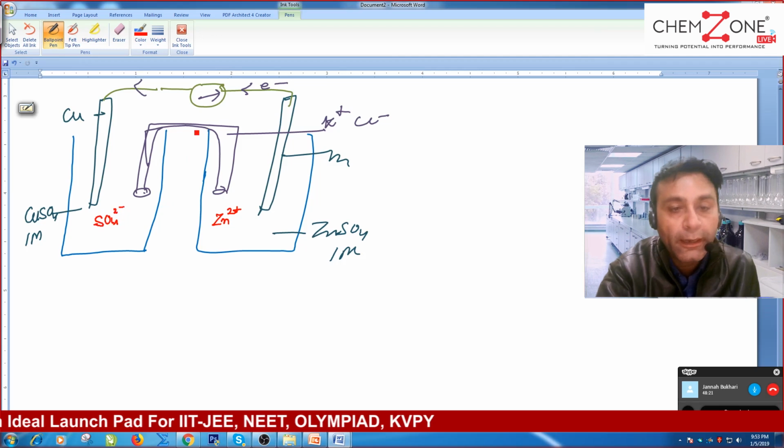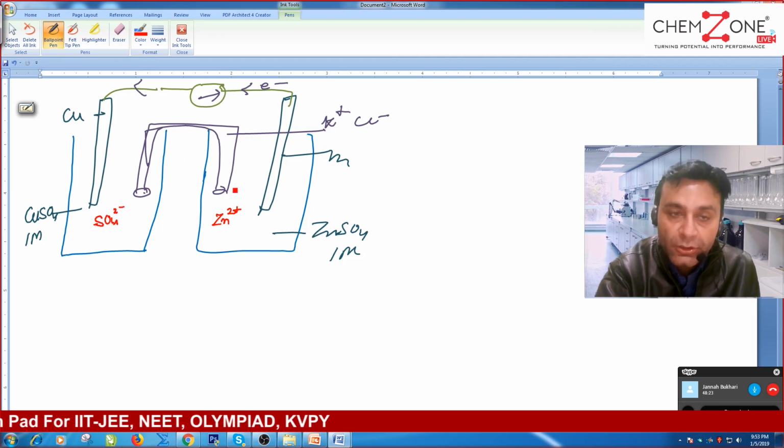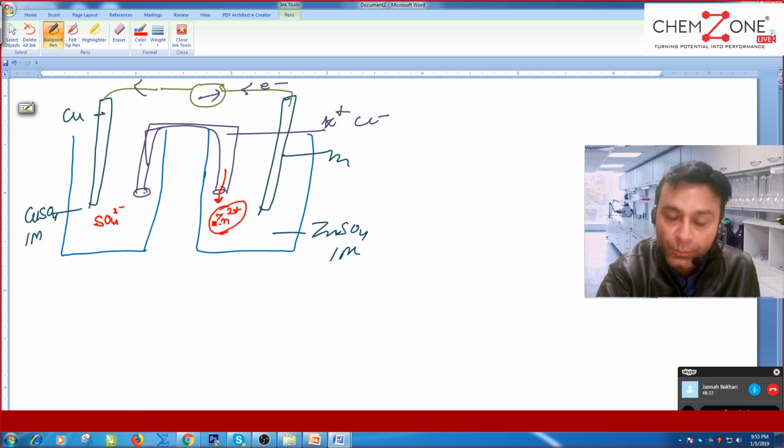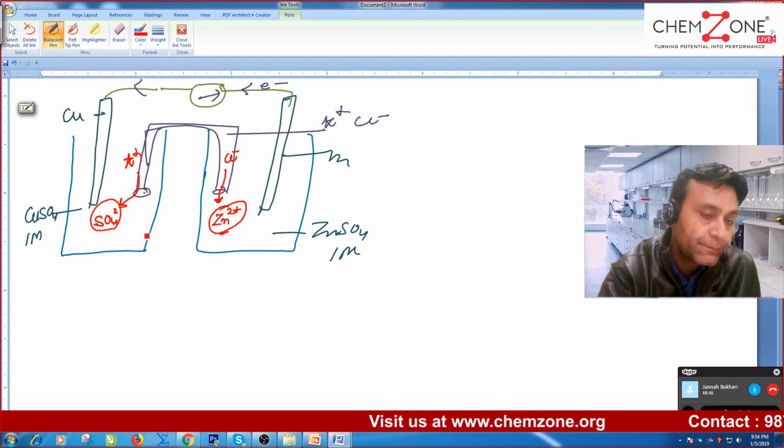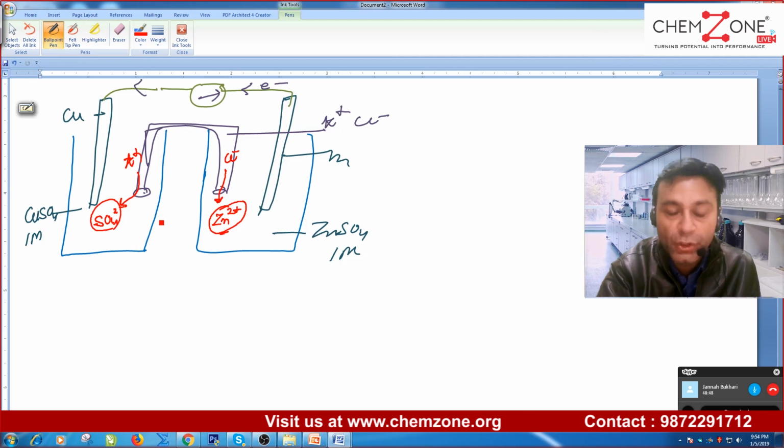And here the potassium chloride is there, so the chloride ion will come out to combine with the zinc ions, and it will become neutral now. And from here the potassium ions will come out to combine with the sulfate ions. So the solution becomes neutral now.